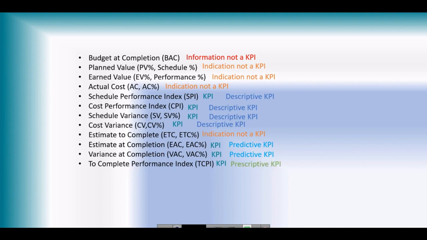Once you come to know the predictive KPI, it can be a good value for you, or it can be a bad value for you. Let's say your predictive KPI tells you that you will be overrunning the project budget by 10% once the project is finished. Now, as project controls or project manager, being the authority, you need to take a decision in order to bring the project back.